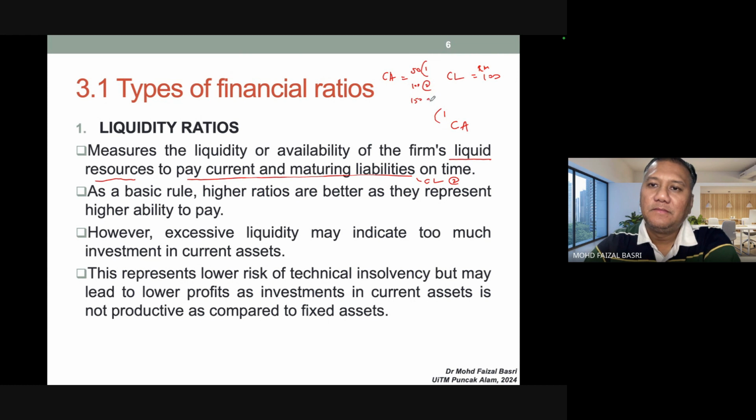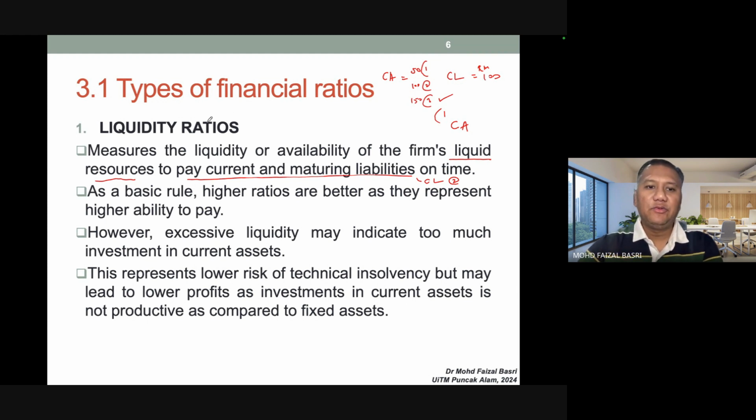In the third scenario, the company that has RM150 for every RM100 of current liabilities has an excess of RM50 and has sufficient current assets to cover its current liabilities. So the third scenario is the one we want. That's how we measure the liquidity ratio.